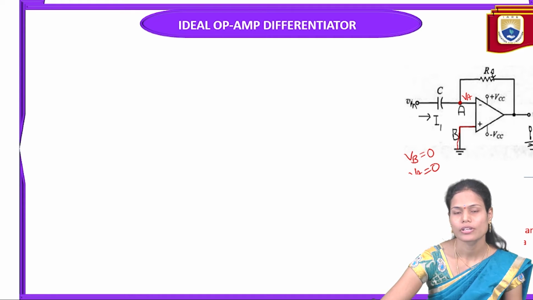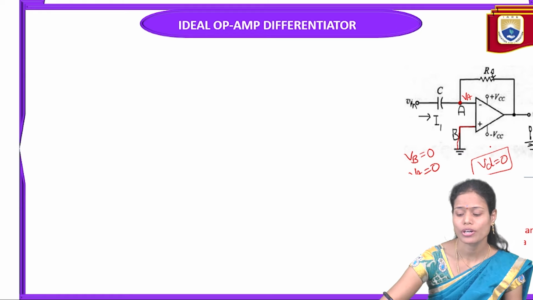In the case of the virtual ground concept, always the differential voltage must be 0. To make this differential voltage 0, whatever voltage is present at one terminal will appear at the other terminal of the operational amplifier. That may be 0 or some particular value, or that may be the ground.